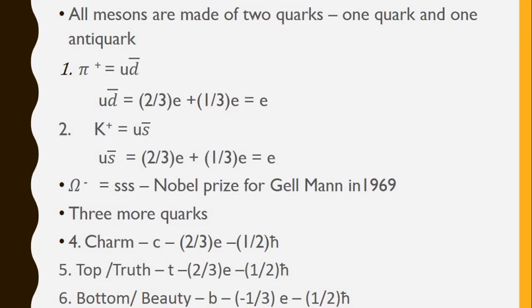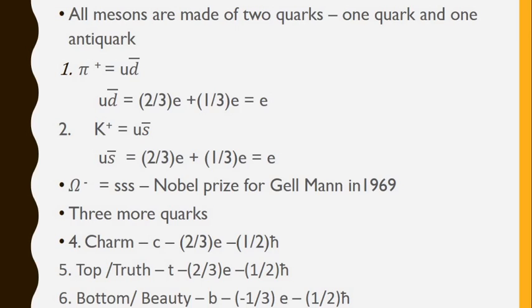Later on, 3 more quarks were added to this quark family. They are charm, C, having charge 2/3e and spin half h cut. Now the next quark is top or truth, with symbol T, again with charge 2/3e and spin half.